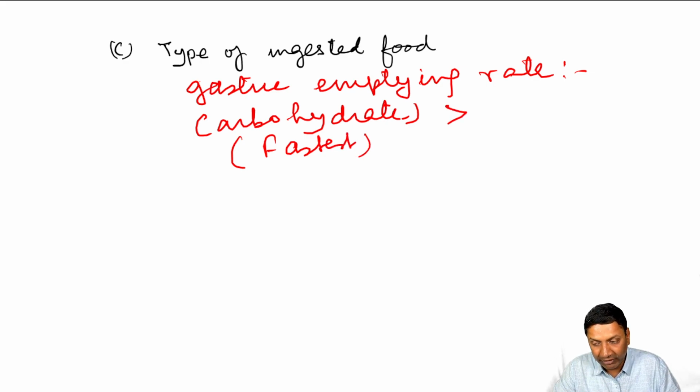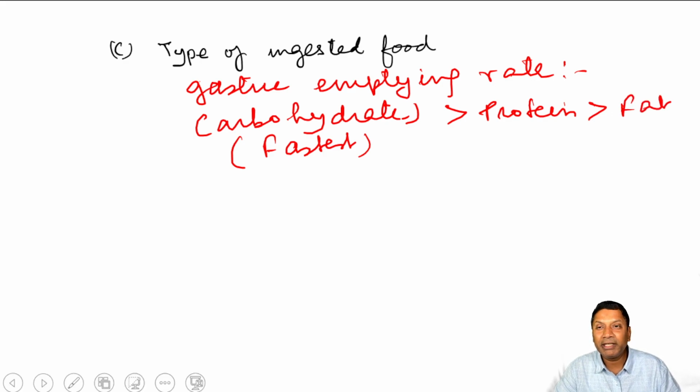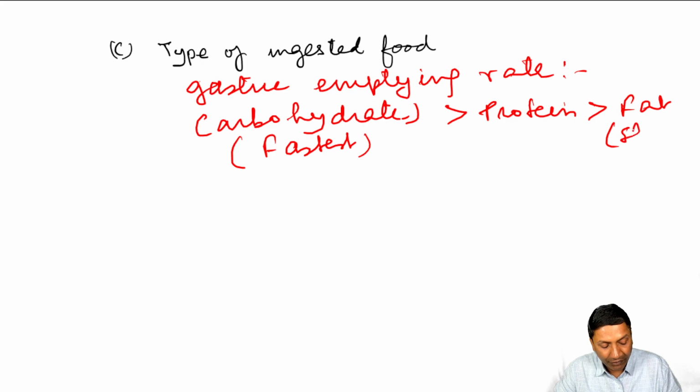Then the food which is rich in protein, then the food which is rich in fat. So the food rich in fat has the slowest gastric emptying.